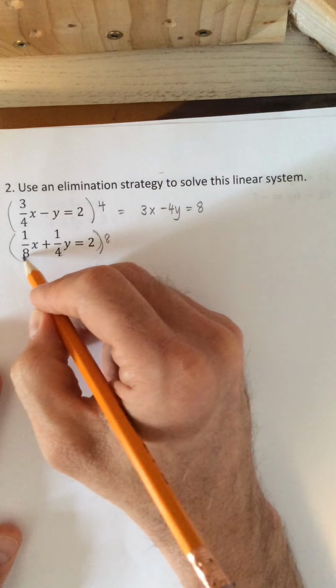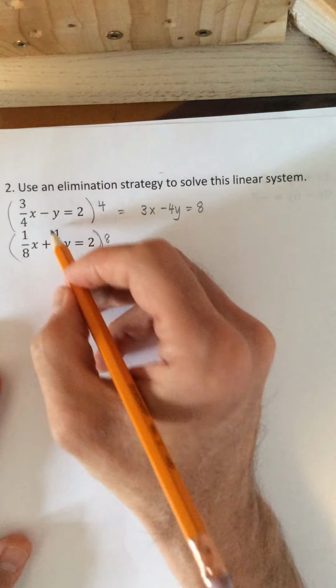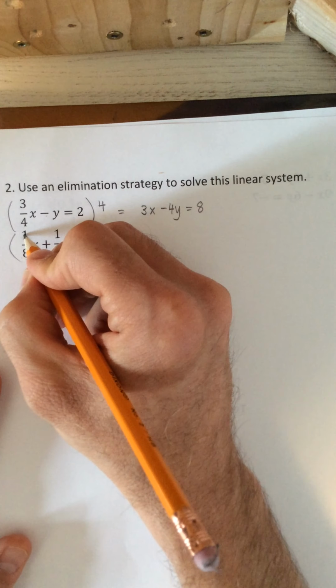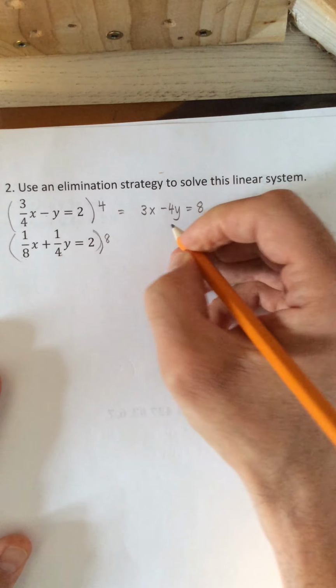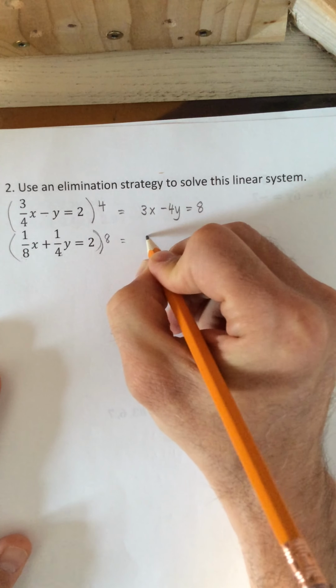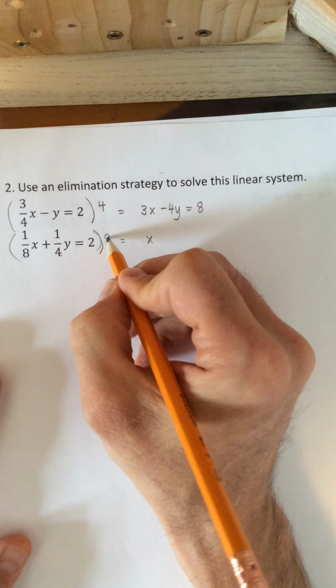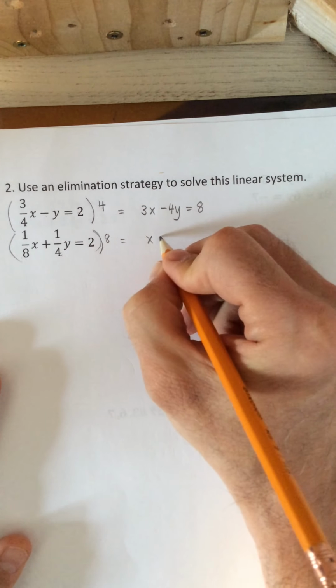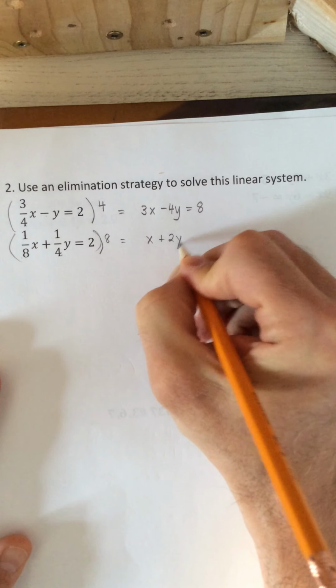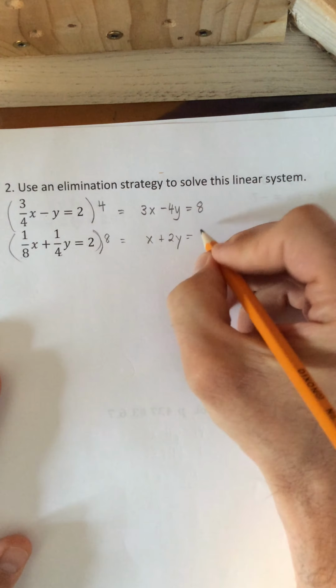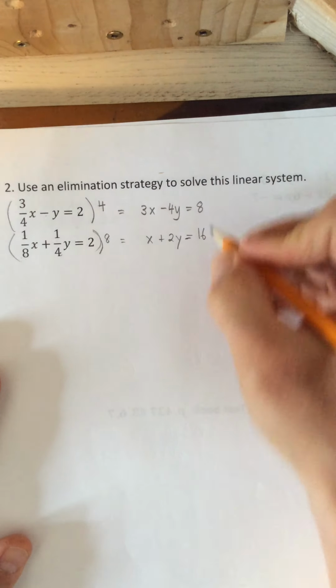So the smallest number that both will multiply to where they get the same is 8. So 8 times 1 is 8, divided by 8 is 1x. So this is x. And then 8 times 1/4 is plus 2y. And 8 multiplied by 2 is 16.